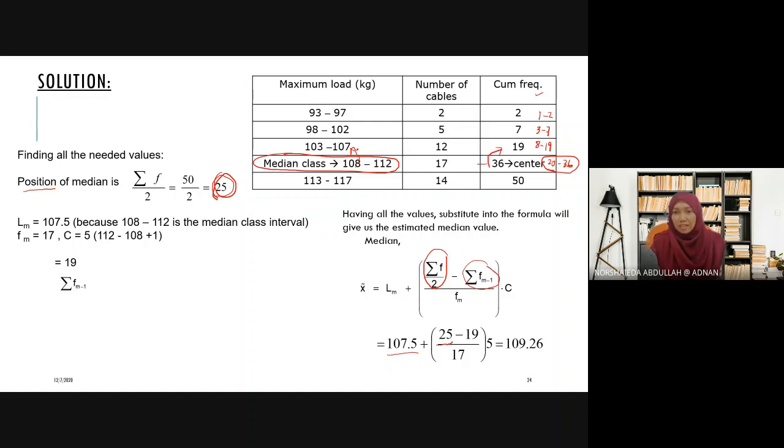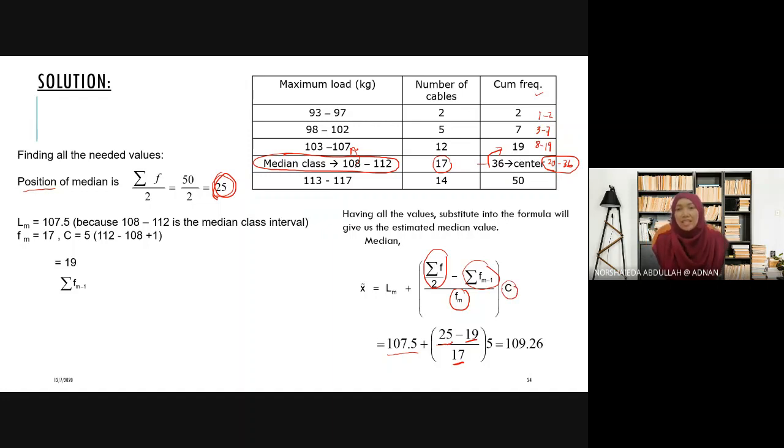Before the median class, above it, the cumulative frequency is 19. So here is 19 and then divide by the frequency of the median class. F is frequency. So the frequency of the median class is 17. So here is 17 and then times C.